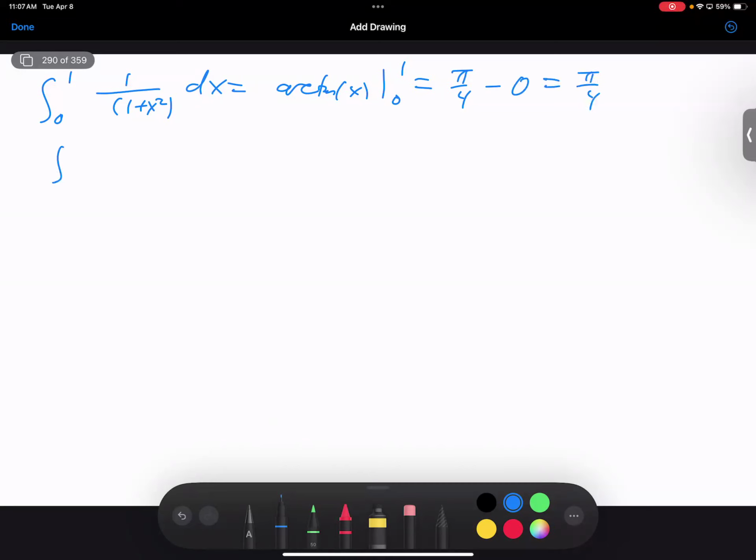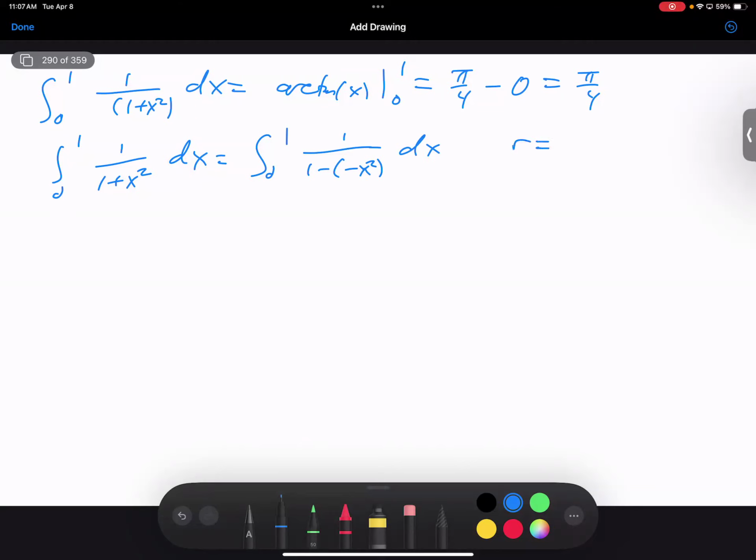So now I'm going to do something a little bit illegal. Does anybody recognize 1 over 1 plus x squared? Does that look like anything we've seen before? What if I write it like this? 1 minus negative x squared. What does that look like? Geometric.